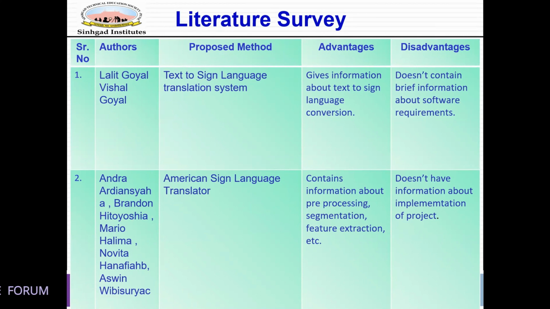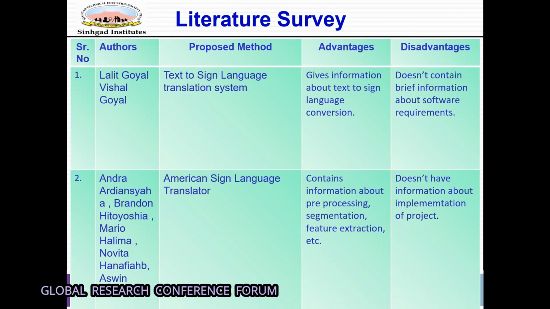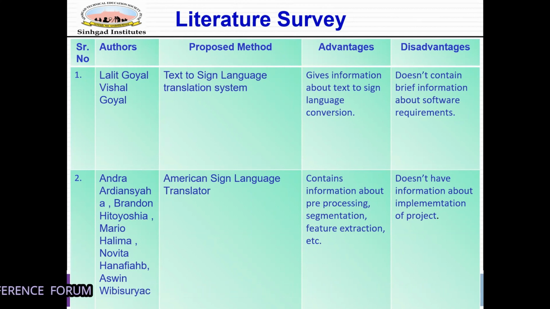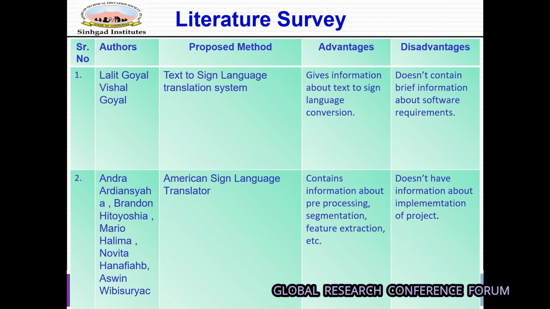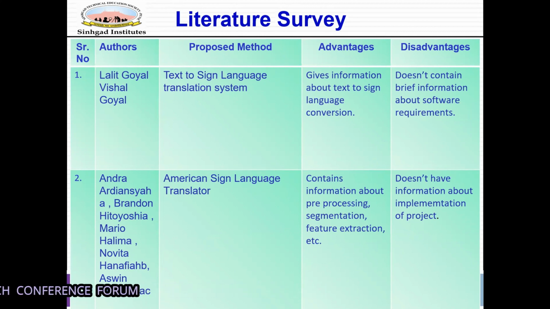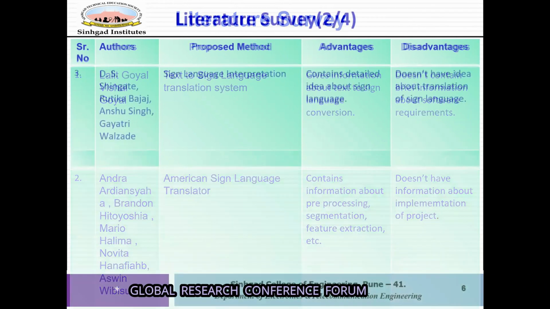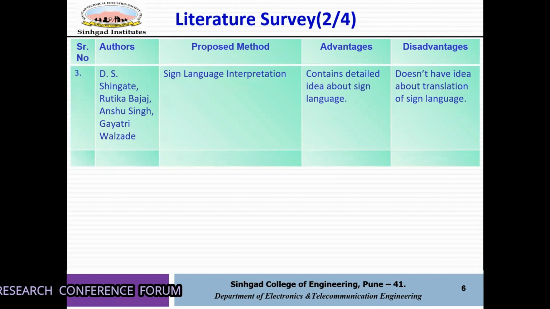Then the next paper is by Andhra and five other teammates, which is based on American Sign Language Translator. It contains information about pre-processing, segmentation, and feature extraction, etc. But again, it doesn't have information about how to implement that job into a well-run project. Then the next one is by D.S. Shingate and his co-authors.